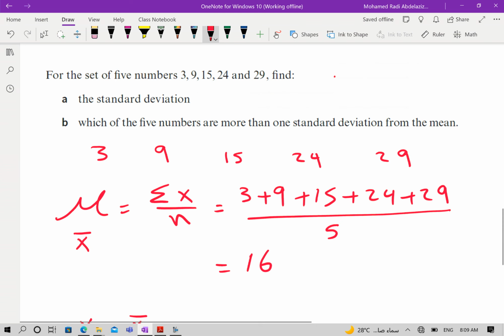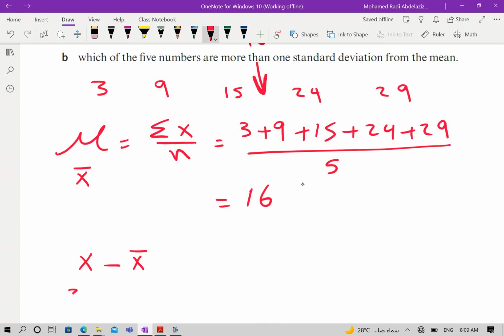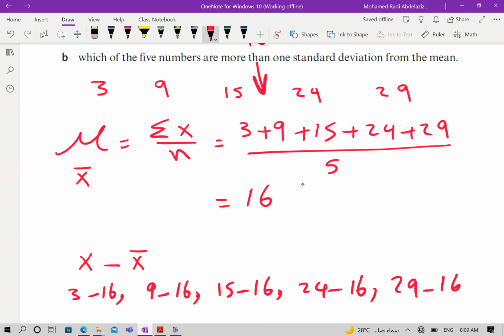The mean is 16. Let's say the mean will be at this value. So how far is 3 from the mean? The mean is 16, so 3 minus 16, the first value. 9 minus 16. 15 minus 16. 24 minus 16. 29 minus 16.